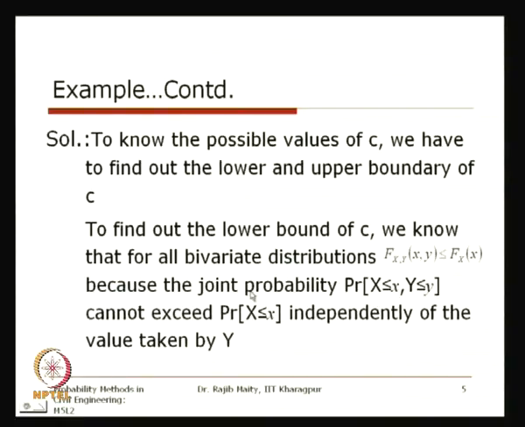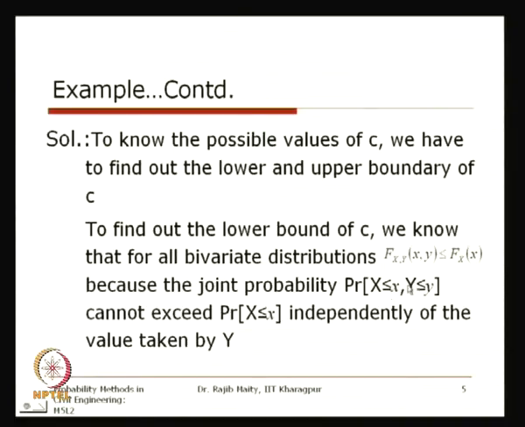So using this property, because the joint probability cannot exceed the probability of X less than or equal to x, this concept, which I have just told you, also becomes clear.